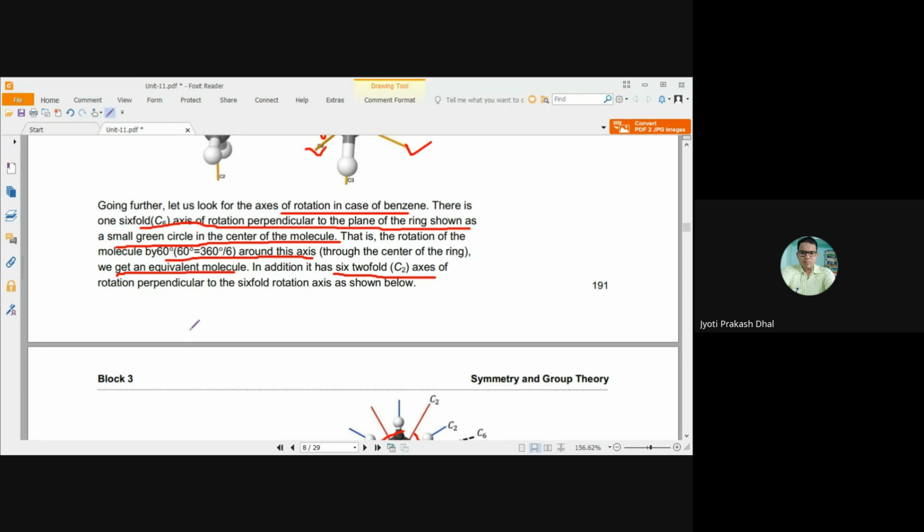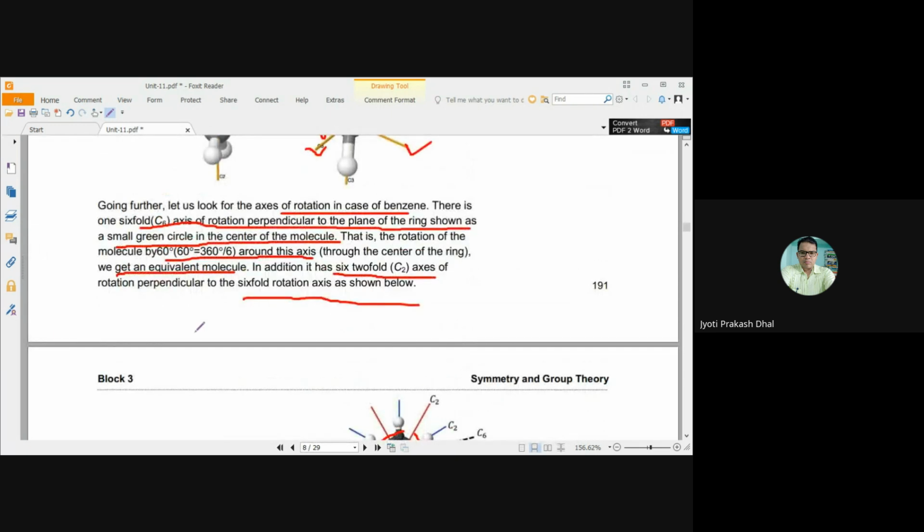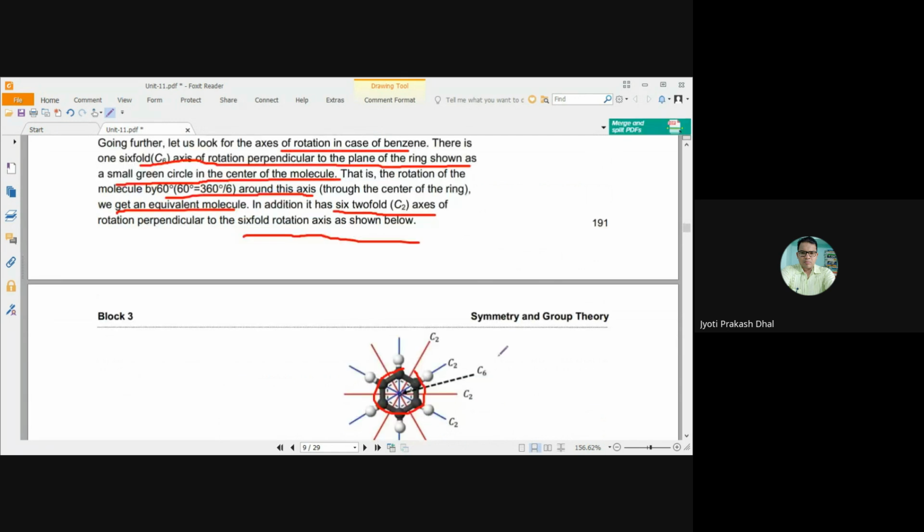Apart from that, there are another six two-fold axes of rotation perpendicular to the six-fold rotation axis, as shown below. So the principal axis is the C6 axis of rotation, and apart from it, there are another six C2 axes.